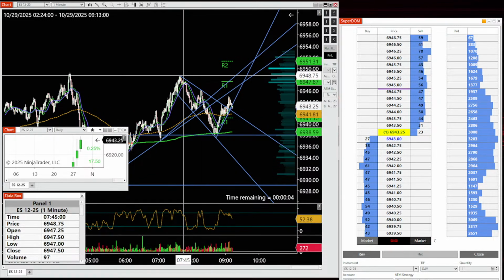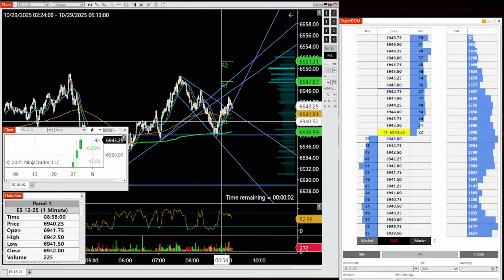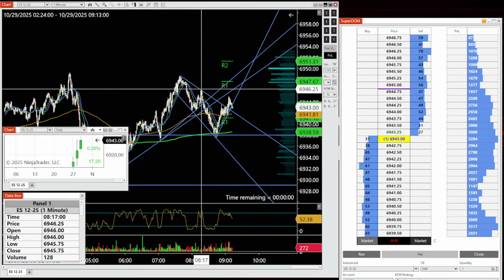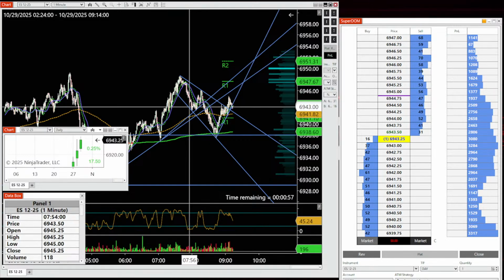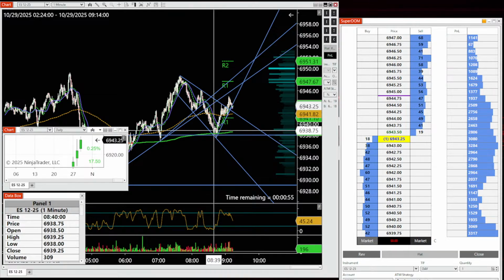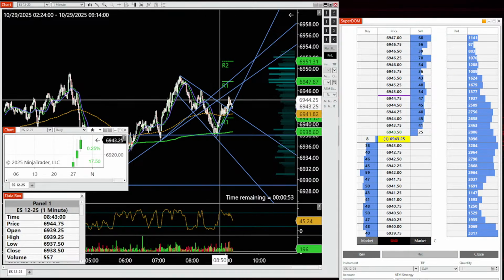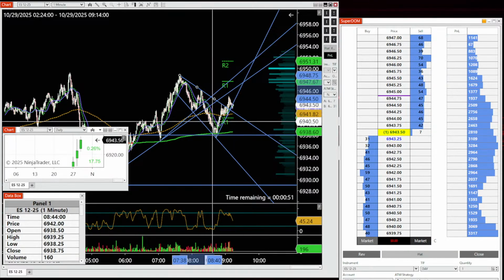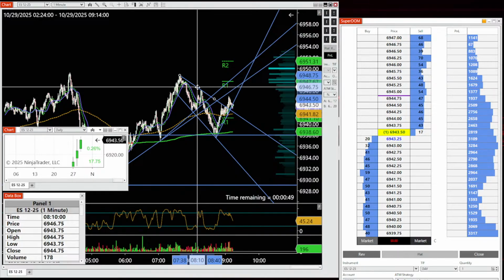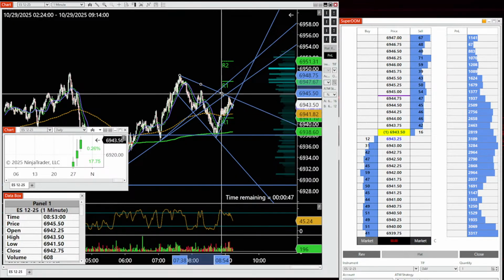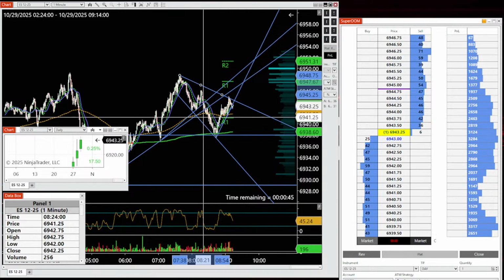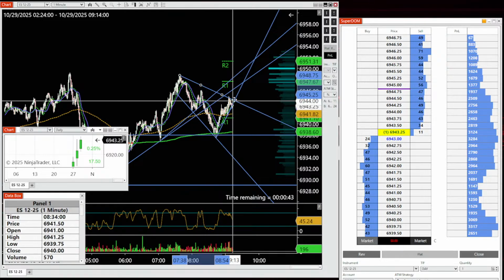Then I drew the channel. It made a lower high and then a lower low, lower high, lower low, so I drew a channel, but it broke out of here, making it wider like a horn. So we'll see.